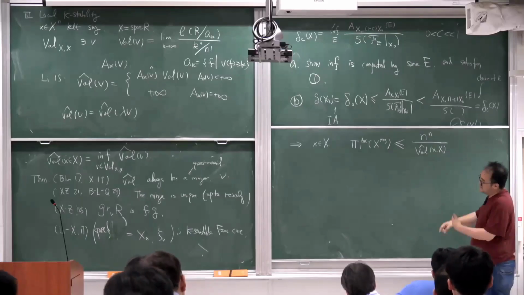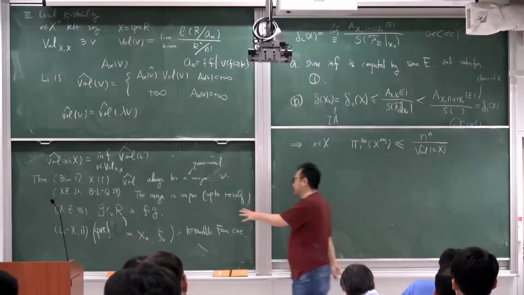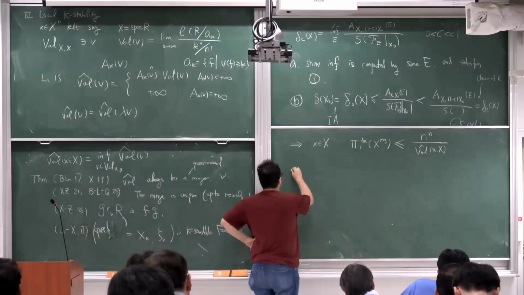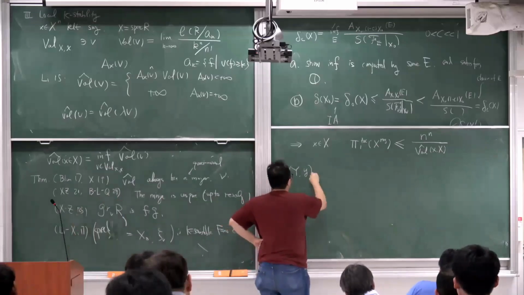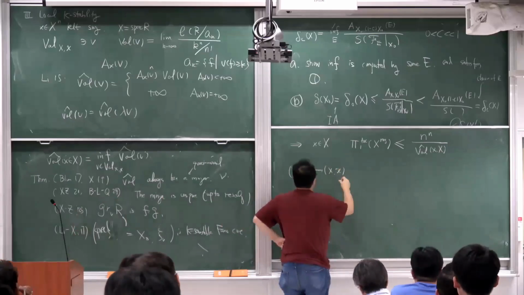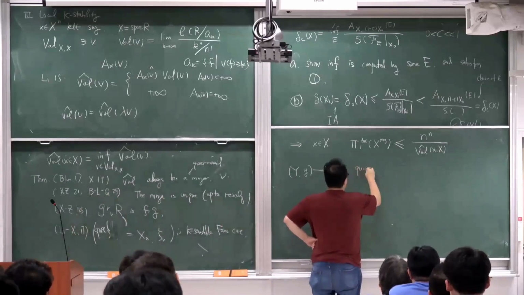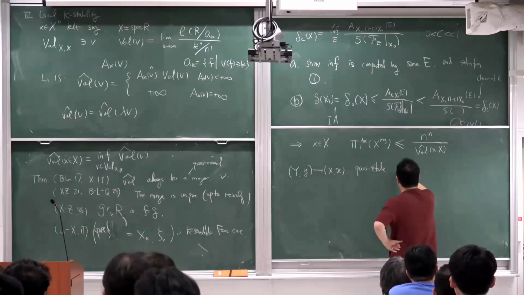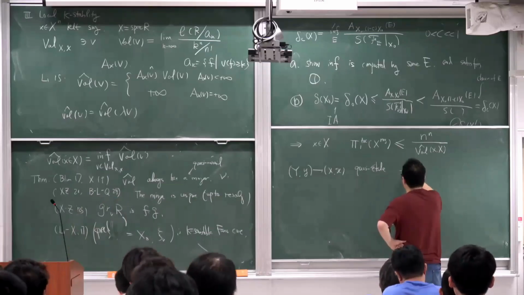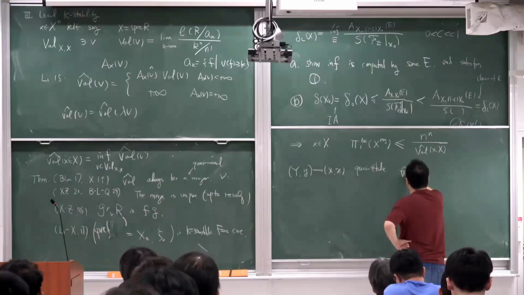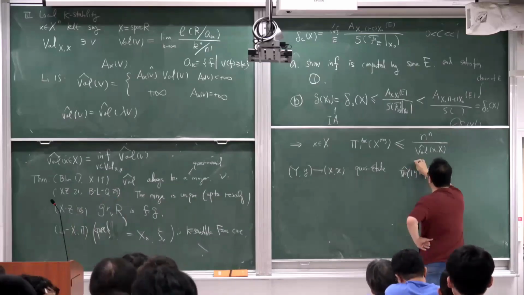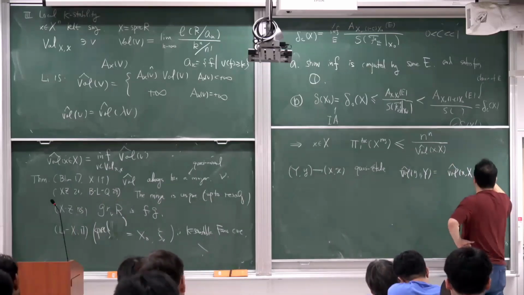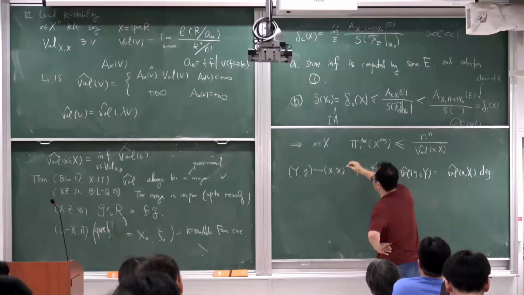And then this uniqueness will imply that, okay, maybe let me just say that if y maps to x, and this is quasi-etale, then the volume of y is the same as the volume of x times the degree of this f.